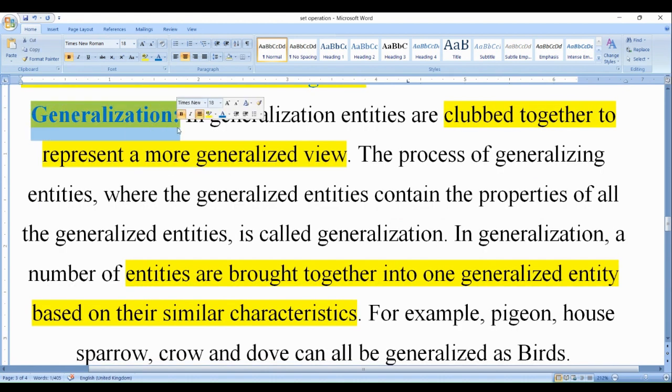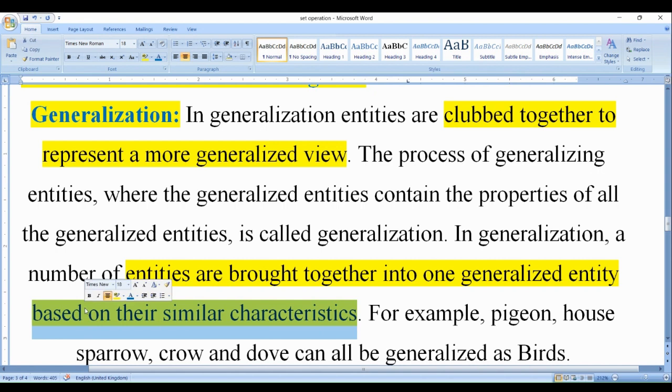Okay, generalization. In this what we do, we group the entities together to form one generalized view. Okay, so how do we group the entities? On the basis of their characteristics. So if they have similar characteristics, those entities can be grouped together into one entity, which is the general form of the entity. Okay, so you can take the example of student.